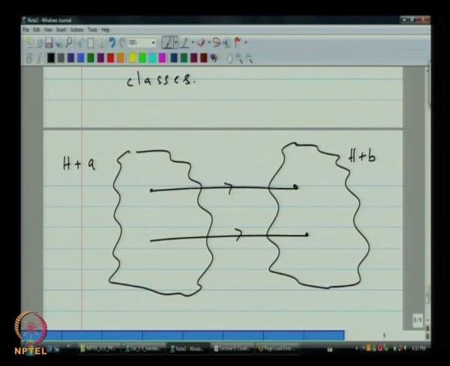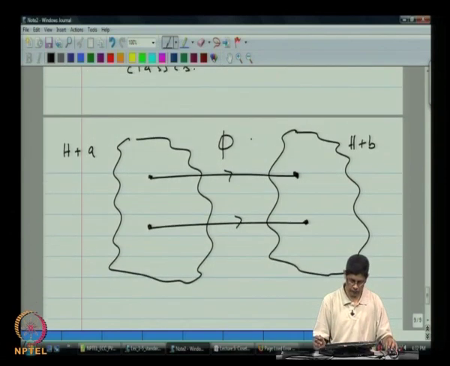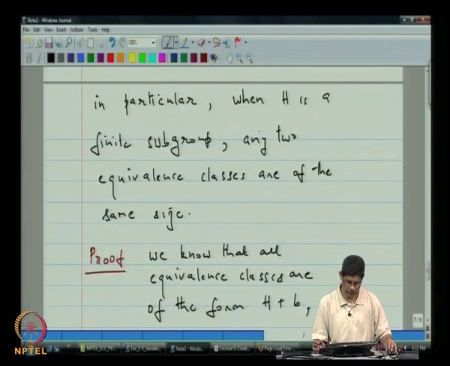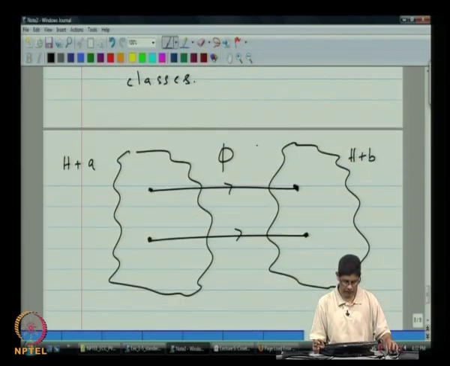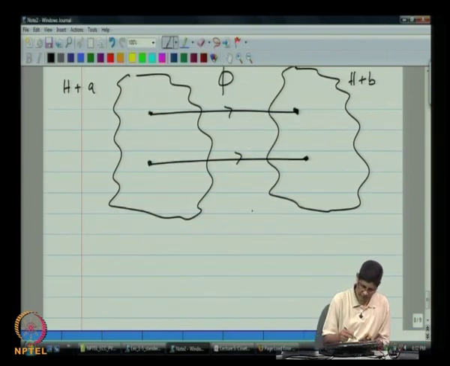So, there is this very nice and simple picture in this situation. Let us call this mapping phi. So, there is a mapping phi which is both one-to-one and onto. Okay. So, to actually prove this, we just have to show that there is a mapping which is one-to-one and onto. So, what is that mapping?